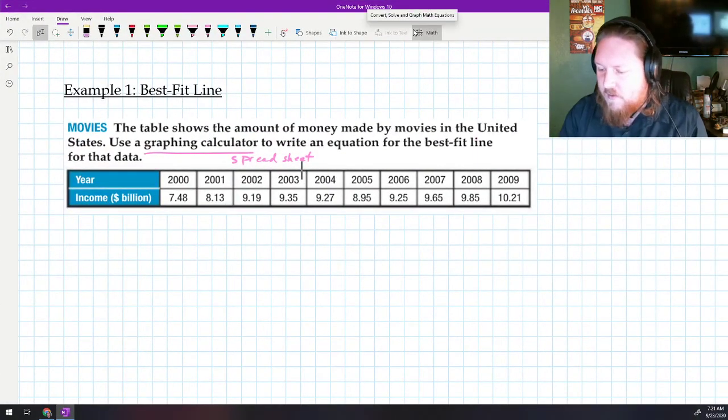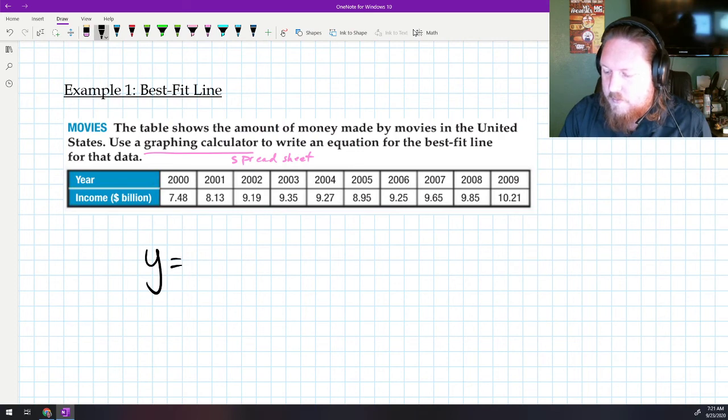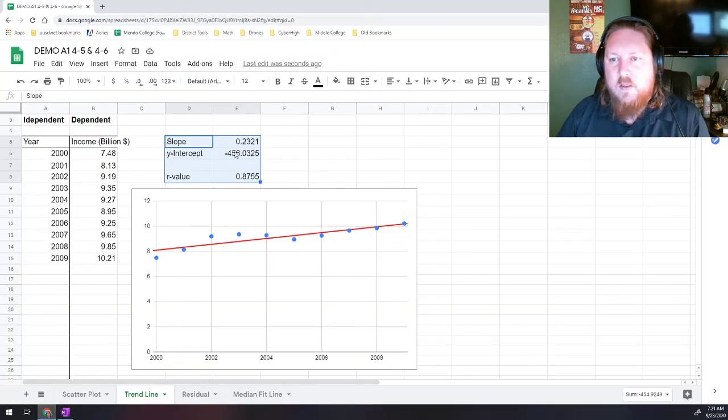So my best fit line, let me change it to y equals 0.23x plus, and now I go back to my sheet, see the y-intercept, oh, it's negative 546.03.